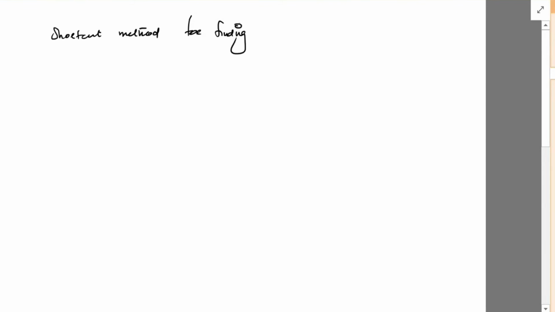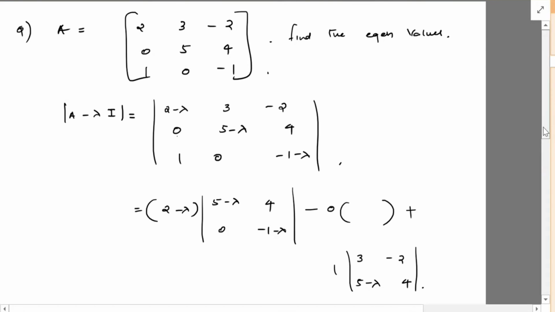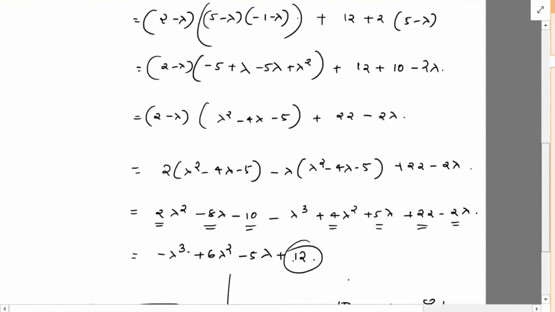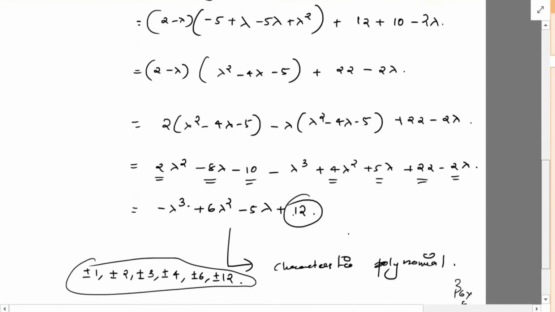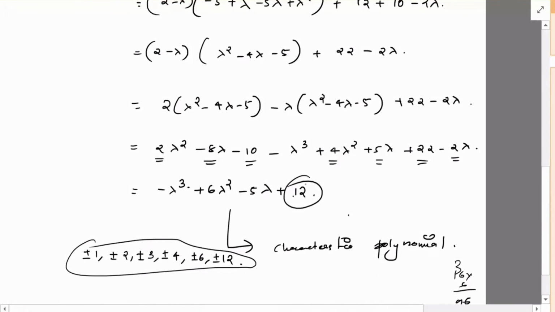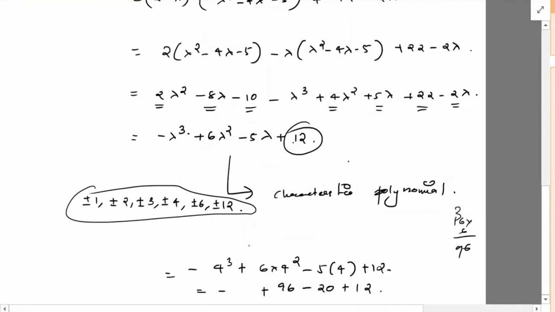Sir, maybe operation between 22 and 12. Which one? 22 and 12. Might be something. Minus 4x becoming 0. Minus 4. Okay, minus 4. Okay, let me check.